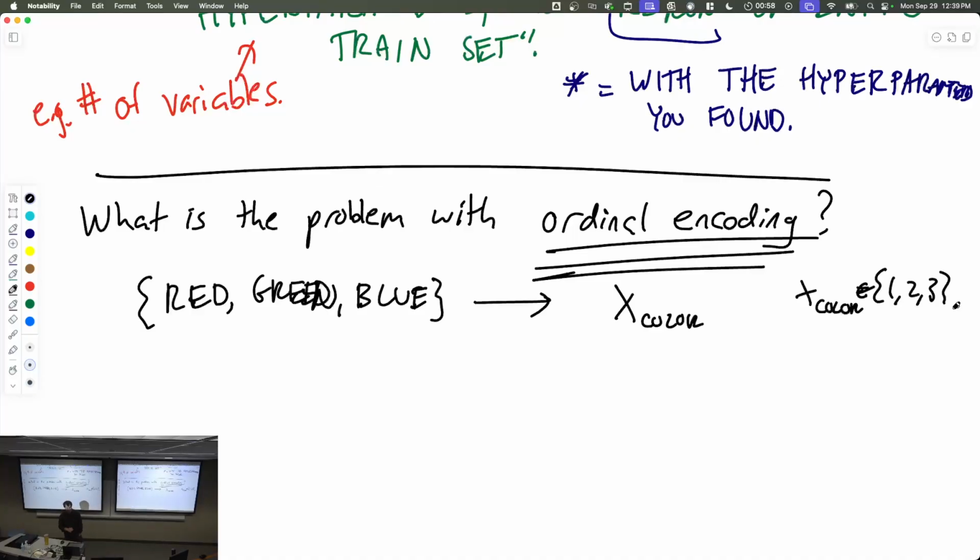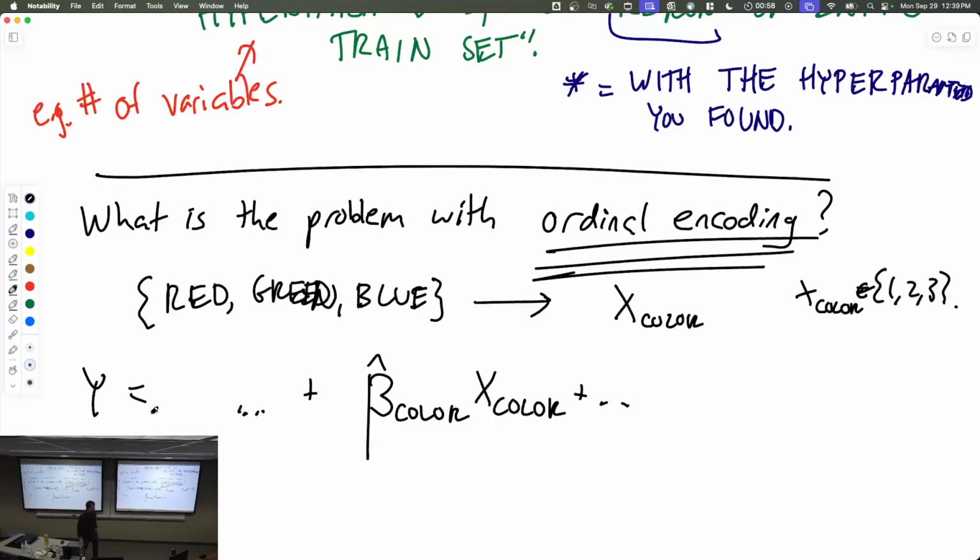But for linear regression specifically, this is setting up a little hidden problem that is scary. You're going to have beta hat color times X color in your regression, plus dot, dot, dot. So you're going to have Y equals this stuff. We converted red, green, or blue to the number 1, 2, or 3.